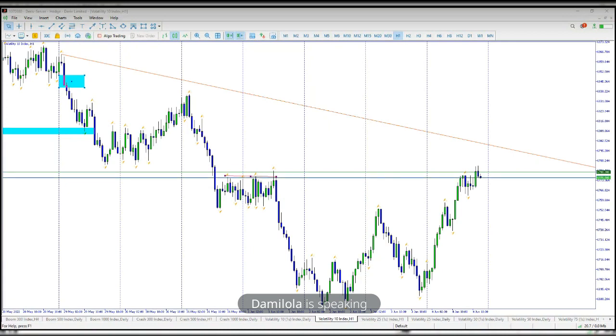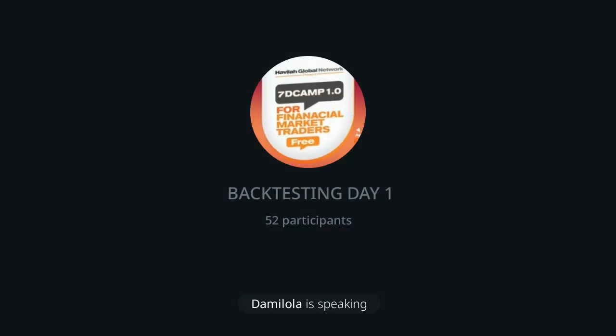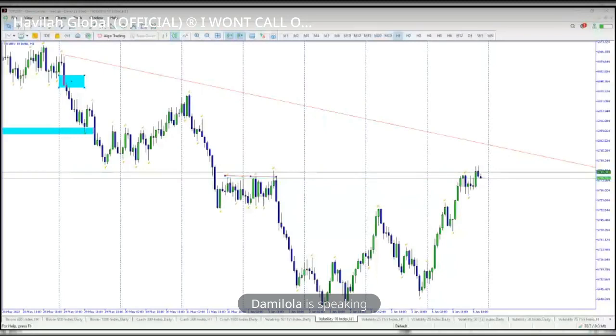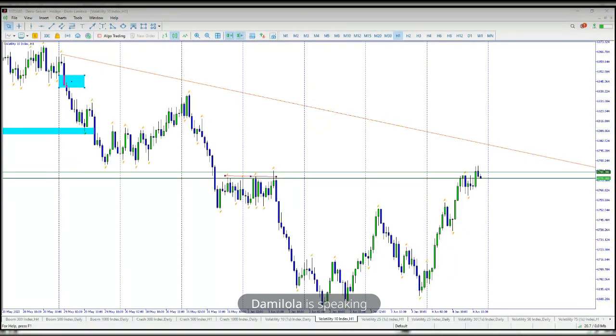That entry could either be at the 50% of an imbalance, or the open of an imbalance, or a complete fill of an imbalance, or the open of an institutional candle, or the 50% of an institutional candle. If you have your entry at one of these areas and checklist, and price respects it, then it can give you a sniper entry.